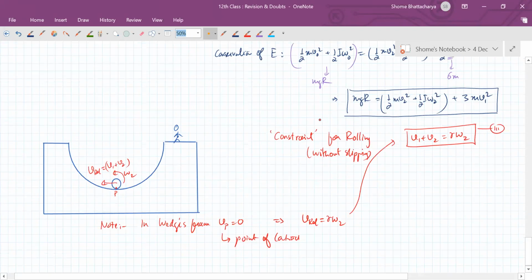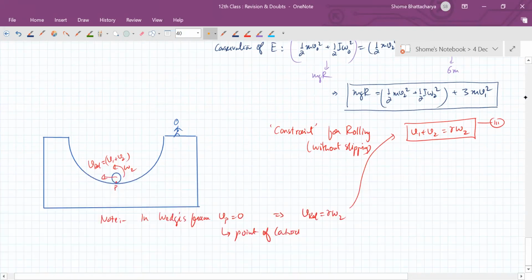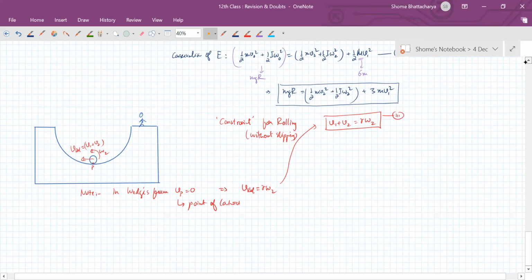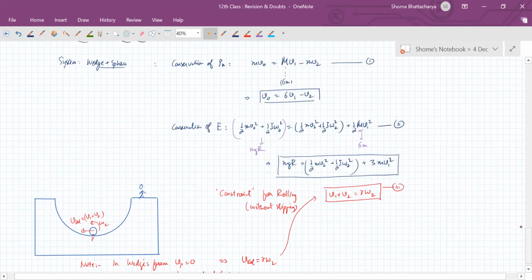So this is an important little concept here. Just go through it carefully and understand the application of relative motion, how I made use of that.